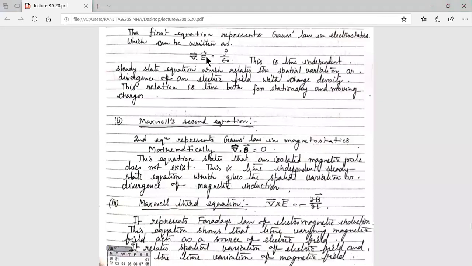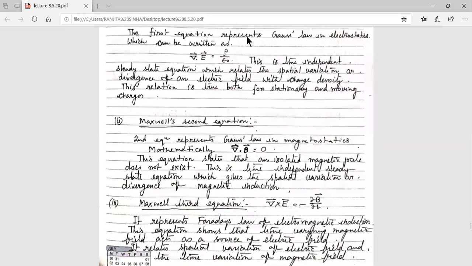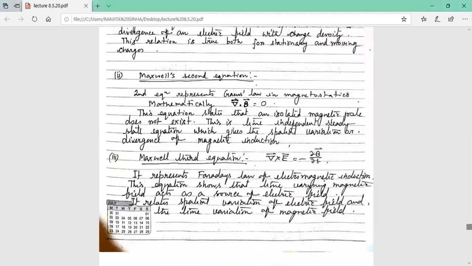So a time varying magnetic field acts as a source of electric field.